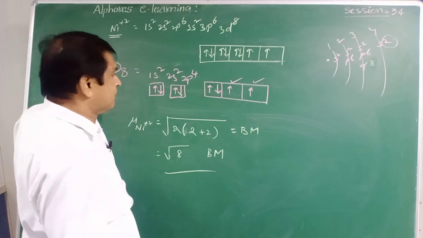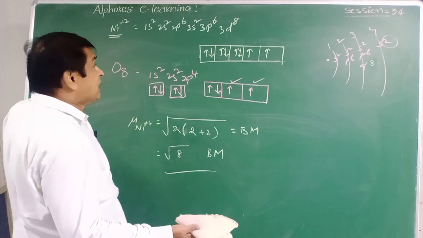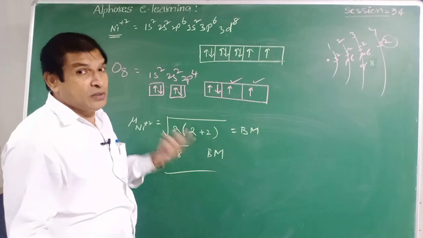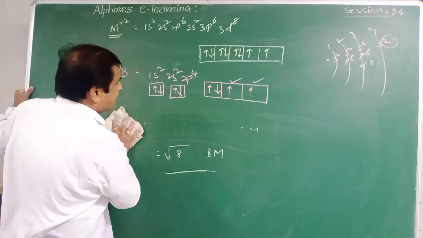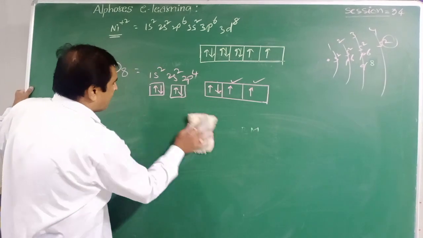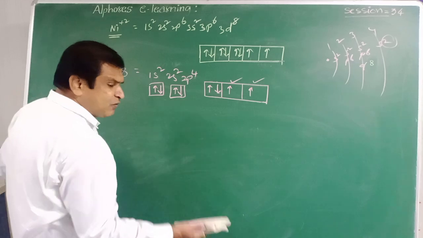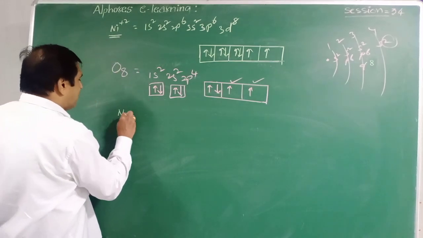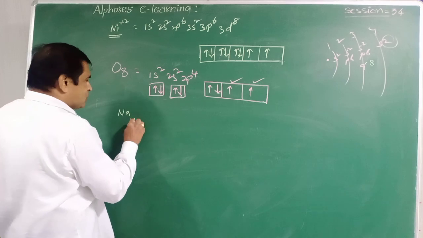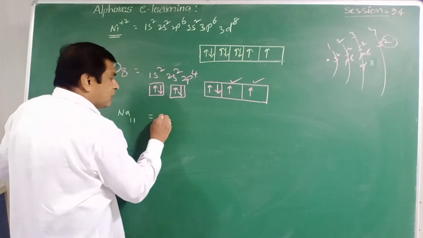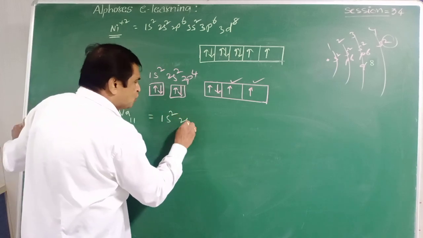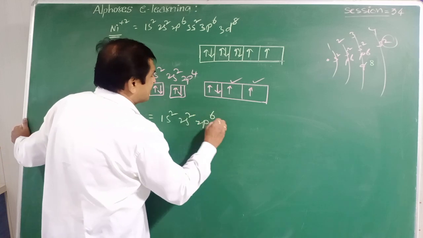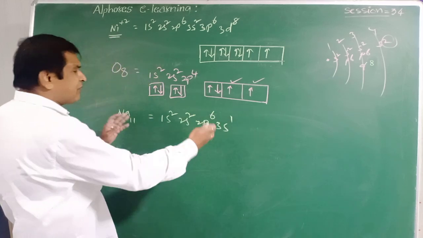Now let us identify the number of unpaired electrons in the sodium ion. Sodium atomic number is 11, so the configuration is 1s2, 2s2, 2p6, 3s1. That is 11 electrons.